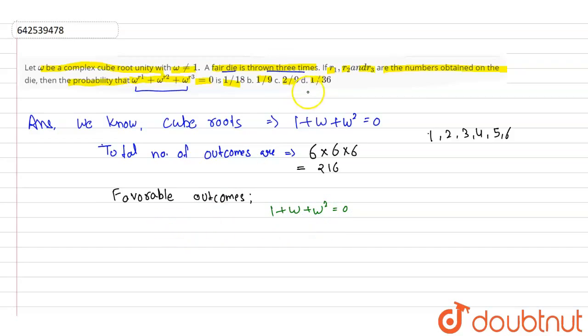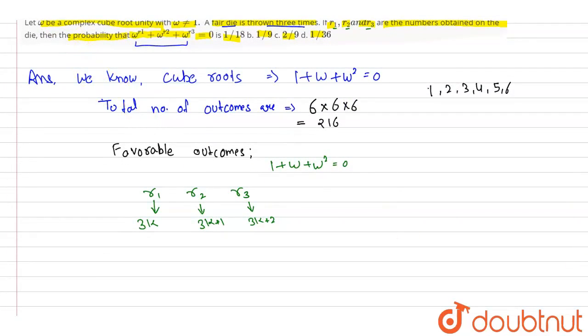Here R1, R2 and R3 will belong to the categories 3k, 3k plus 1 and 3k plus 2. The category 3k has 3 and 6, 3k plus 1 has 1 and 4, and 3k plus 2 has 2 and 5.